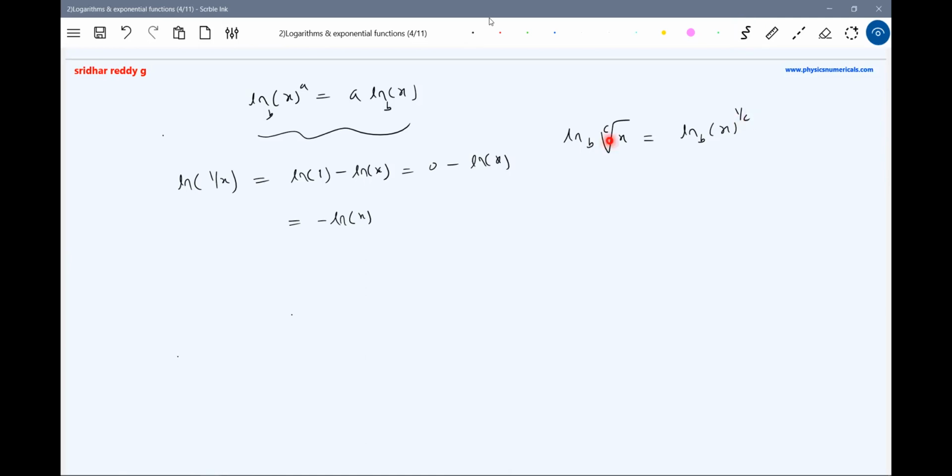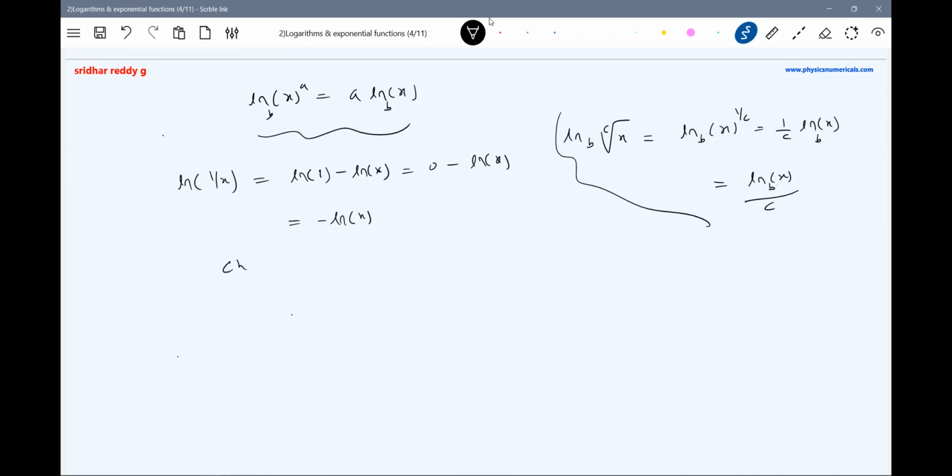If it is 3, it will become cube root. If c equals 4, it will become fourth root. Then further, we'll write it as 1 by c into log x to the base b. All these are the identities which we will be using in logarithms.